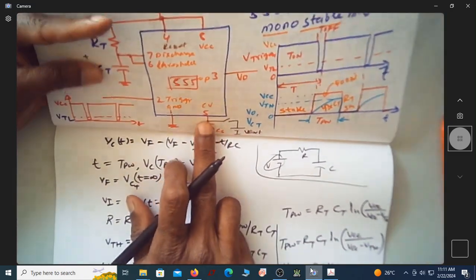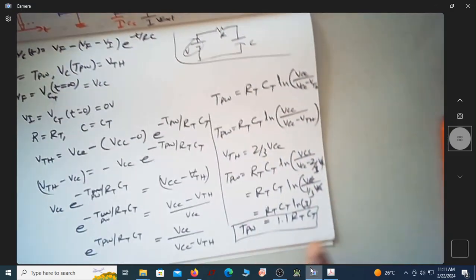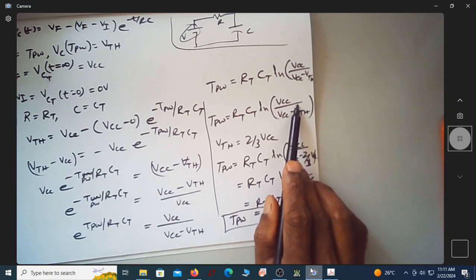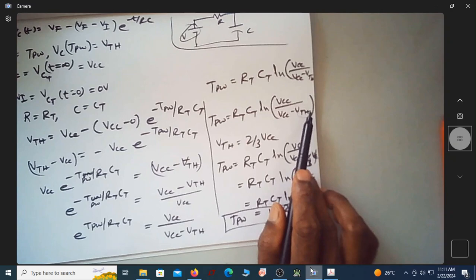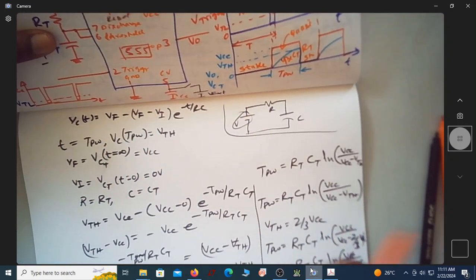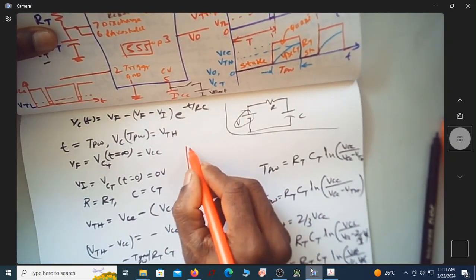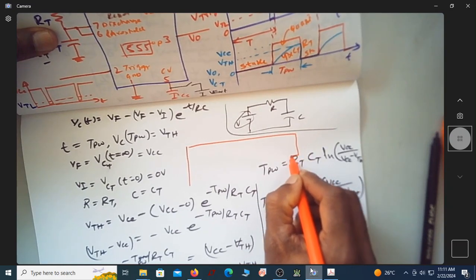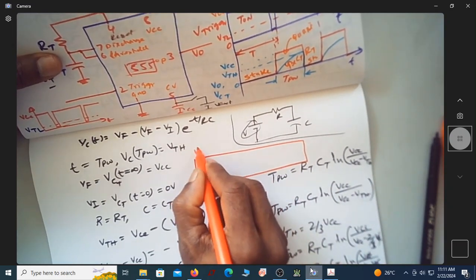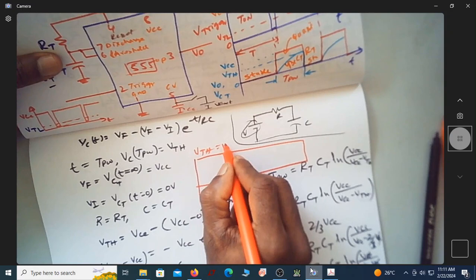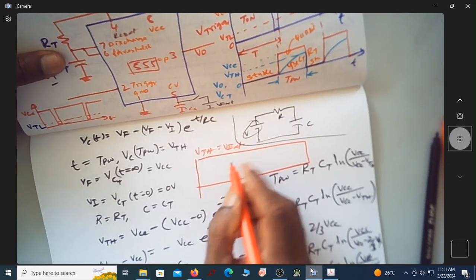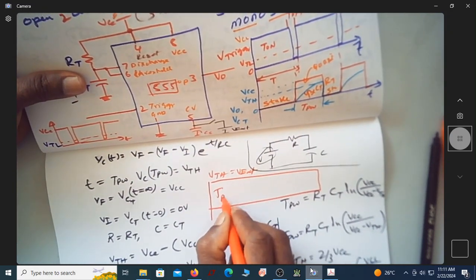Suppose this voltage is an external voltage, then the equation changes. If VTH is equal to V external, what is TPW?